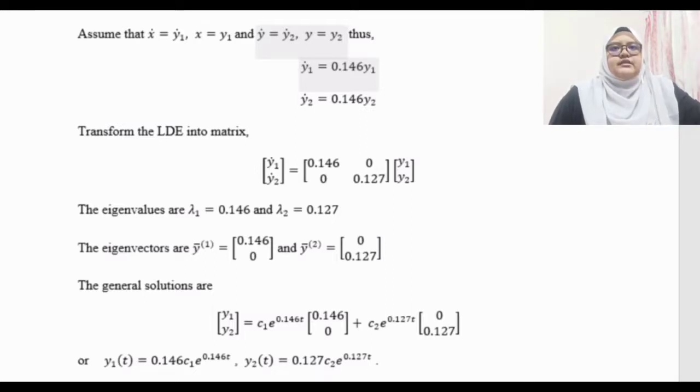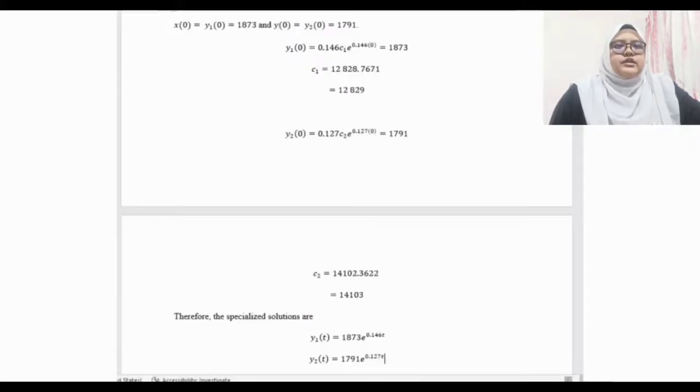We get the eigenvalues and also the eigenvector, which provide us with two general solutions for this system. Next, by substituting the initial values that we get from the data, we get the value of C1 and also C2.